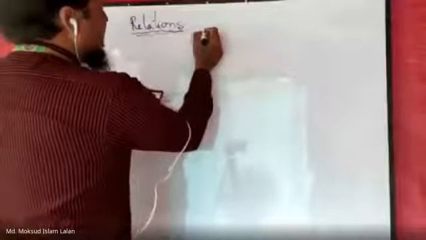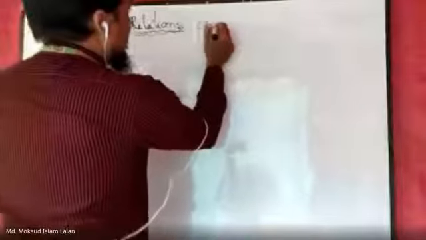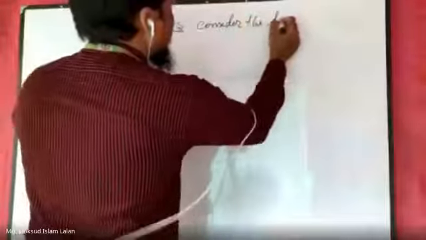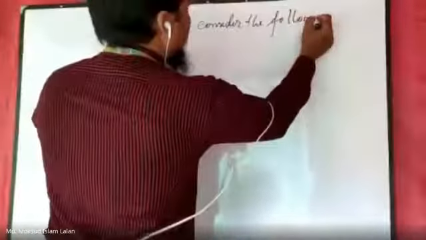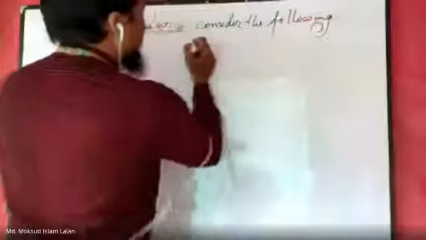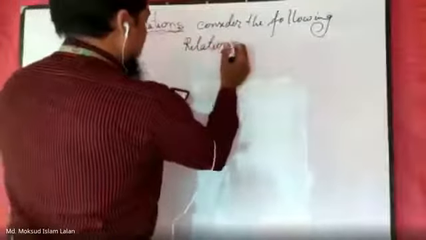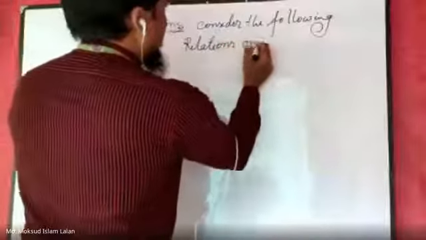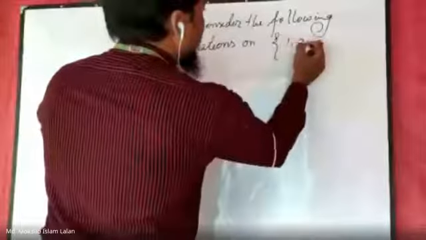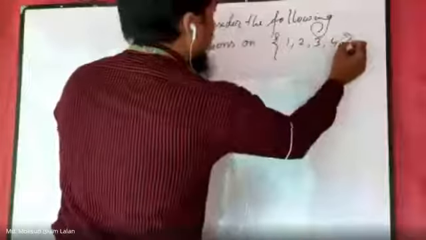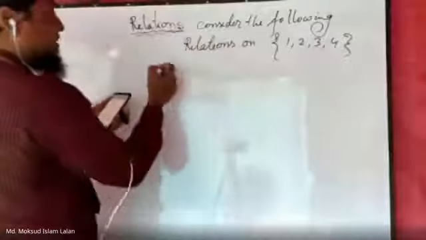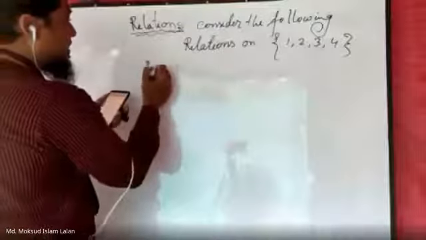Consider the following relations on the set with elements 1, 2, 3, 4. You understand, Rikta? Here R1 is given.